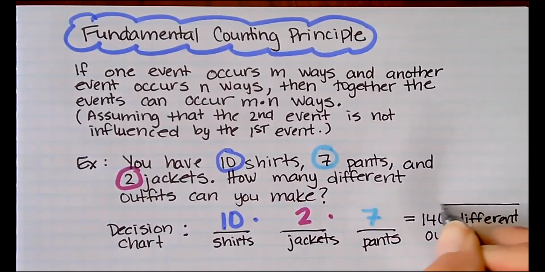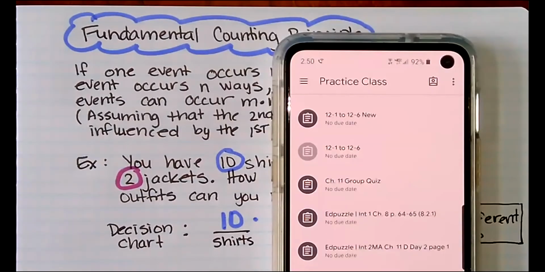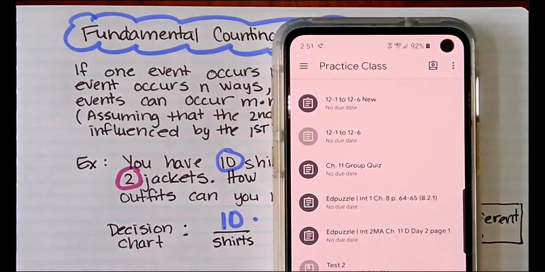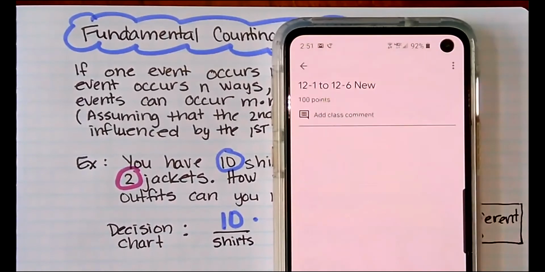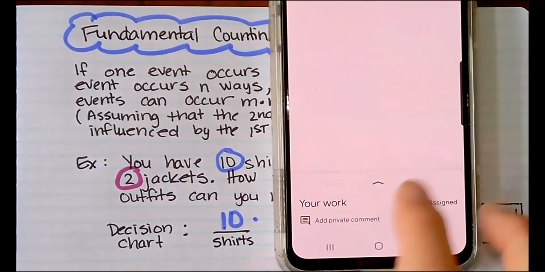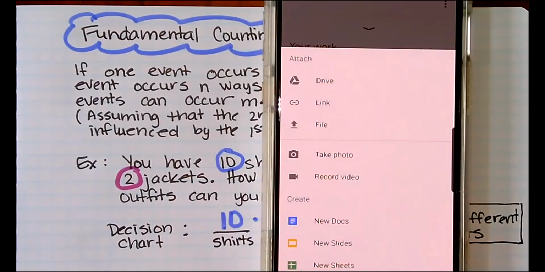So now we're going to switch over to the worksheet, and we're going to use this information to help us with some of the problems. I'm going to show you the worksheet on my phone, just to show you guys that you can edit it using Google Classroom if you have the app on your phone. So I'm going to go to the worksheet for today, 12-1 to 12-6. And there's the PDF for me.